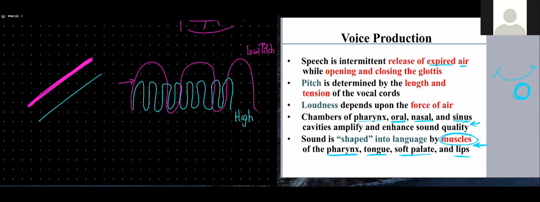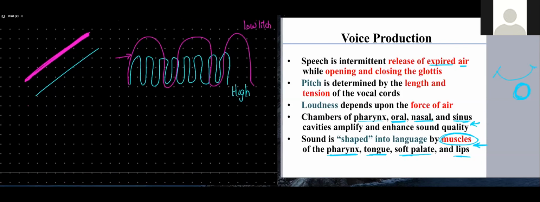So again, what determines the pitch of a sound that is emitted is how fast the vibration is taking place. If I have a slow vibration, this is going to be a low pitch sound. Or high pitch sound. All right. So high pitch sound means I have faster vibrations.